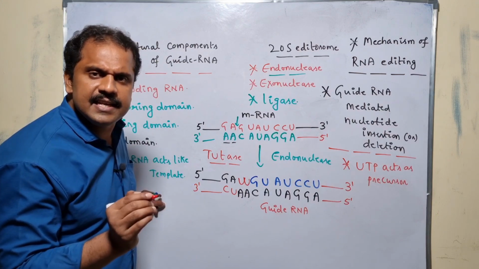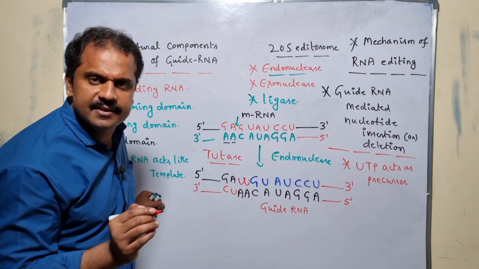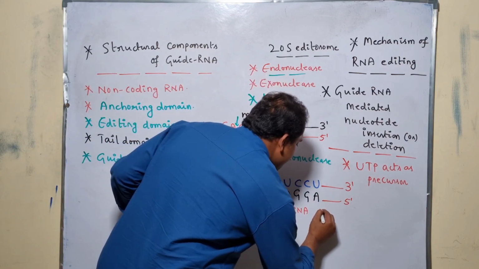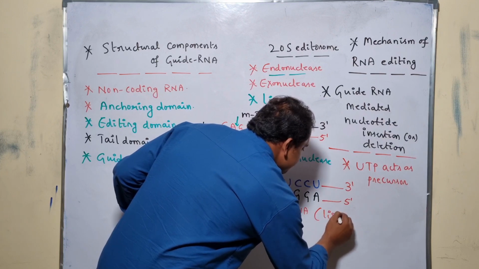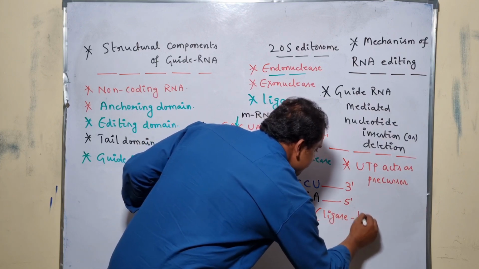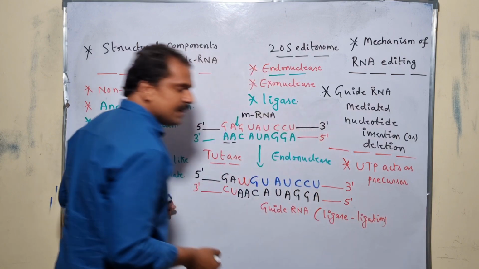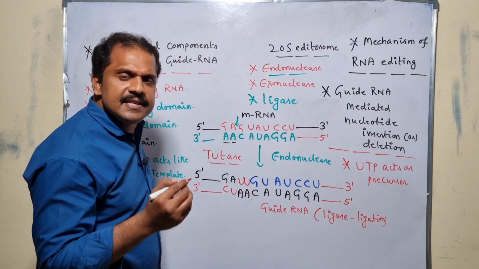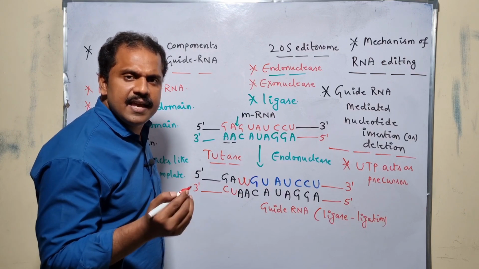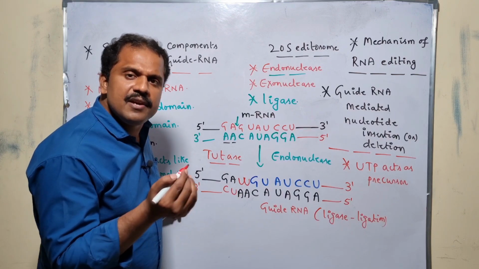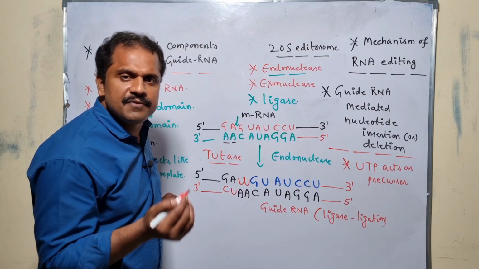So here ligase is responsible for inducing the ligation. Is it clear? Ligase enzyme. It induces ligation. Is it clear? So once the ligase enzyme is capable to induce the ligation, with this, the guide RNA mediated nucleotide insertion or deletion is successfully organized.